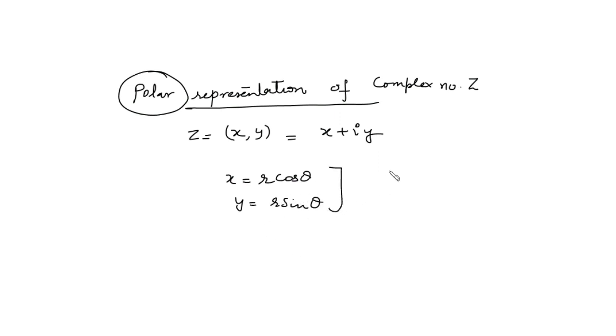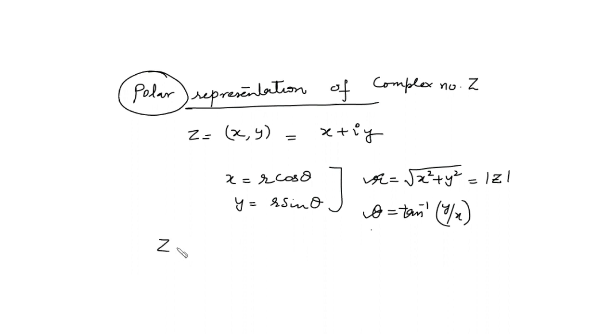Here r is the square root of x square plus y square, which is the same as the mod of z, the absolute value of z, and theta is tan inverse y upon x. So this is the relation between r, theta and x, y. So when you substitute x as r cos theta and y as r sin theta, you get z equal to r times cos theta plus iota sin theta.